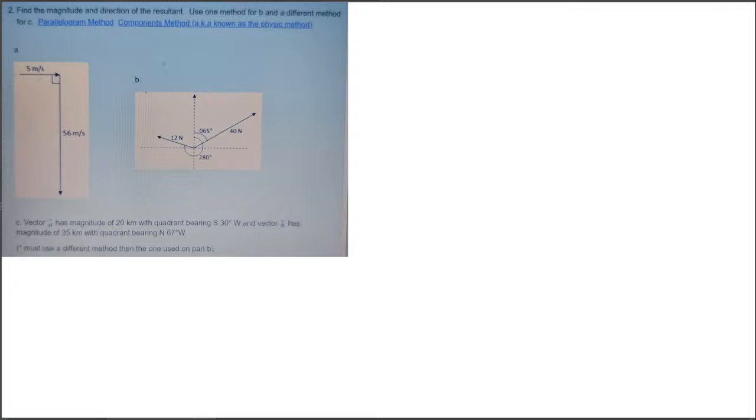So for this problem A, if we assume that 5 is horizontal and 56 is vertical, then you can draw the resultant here. Let me draw it in red so it stands out. Here's the resultant vector. And when I do that, it makes a right triangle, which is what everything's going to be based off of.